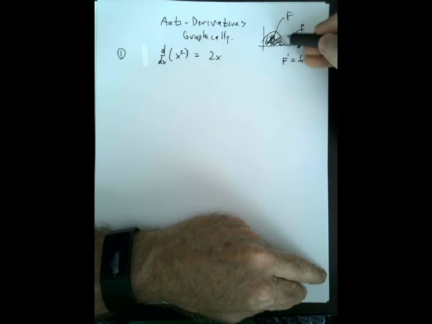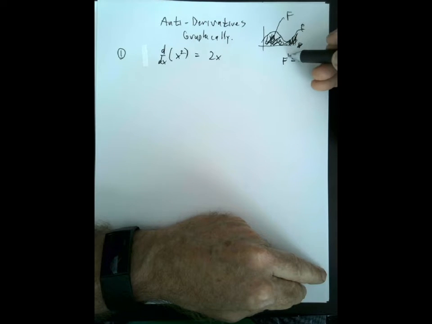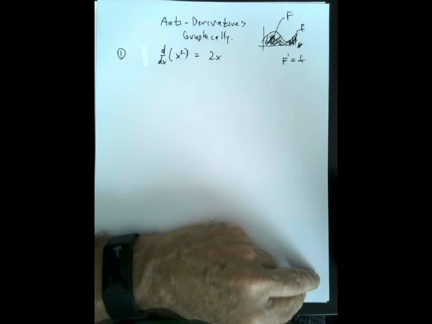This area curve was the accumulation, the sum of whatever f was. We had vaguely that little f was always the derivative of capital F, or that capital F prime was equal to f, right?